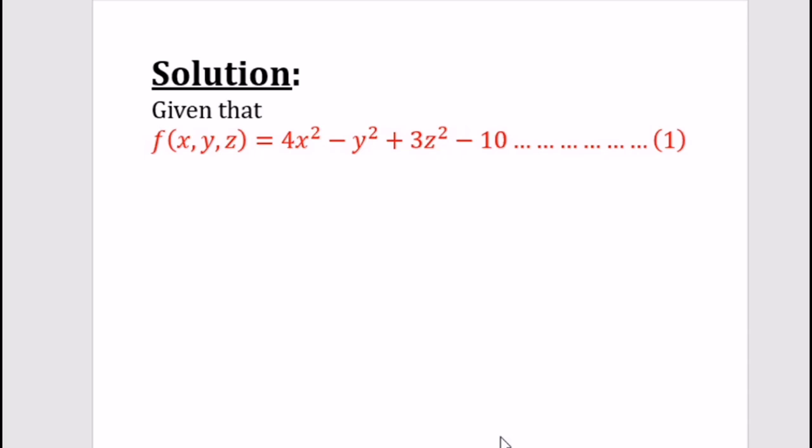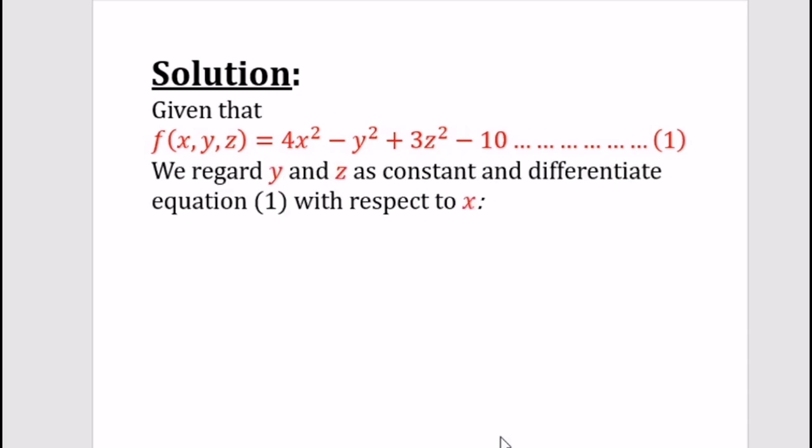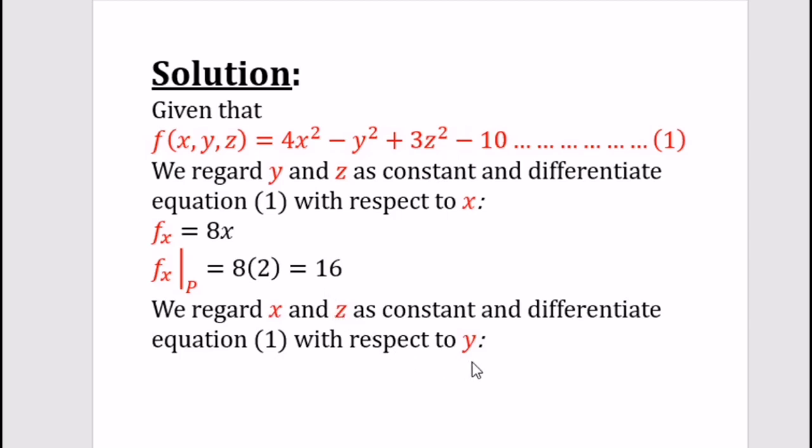For finding fx at P, we regard y and z as constant and differentiate equation 1 with respect to x. So fx is equal to 8x. Now fx at P is equal to 8 times 2, which is equal to 16. Again, we regard x and z as constant and differentiate equation 1 with respect to y.